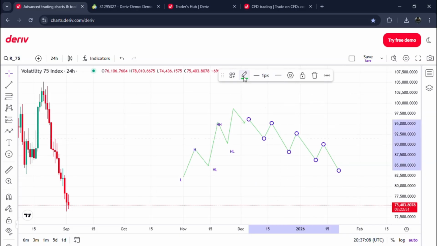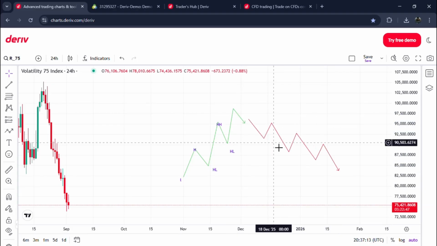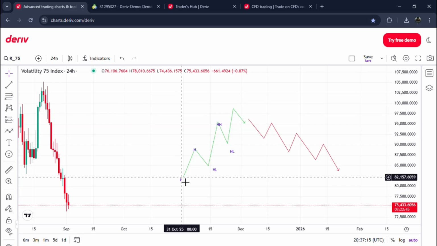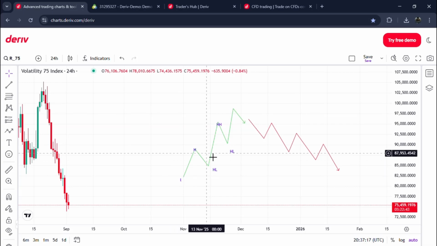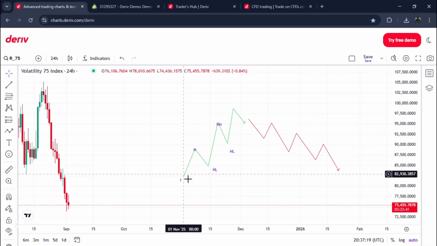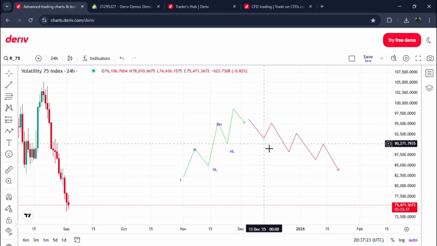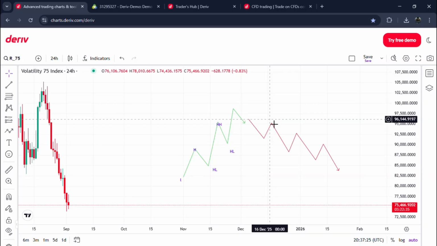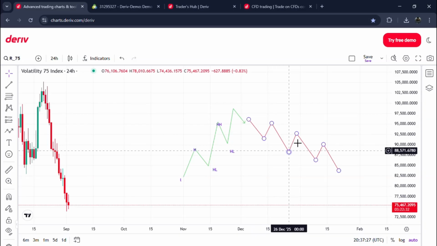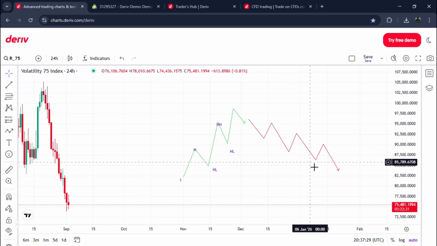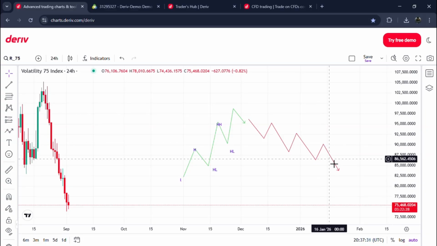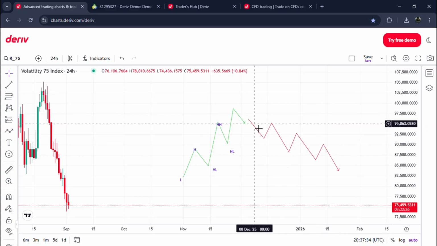So clearly, this is a reverse of this. If this was a low, meaning this one will be a high, and this one will be a low. So this one will be a lower high, lower low, lower high, lower low, lower high, lower low. You can clearly label that, but since I'll join this one to here, I don't want to label it low, so I'll just go clearly and label here.